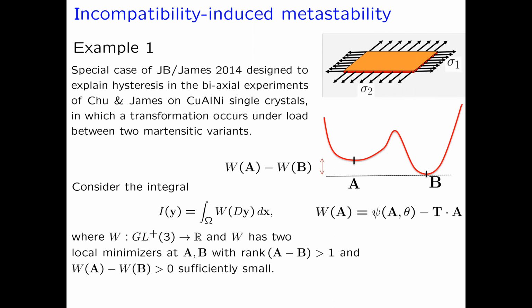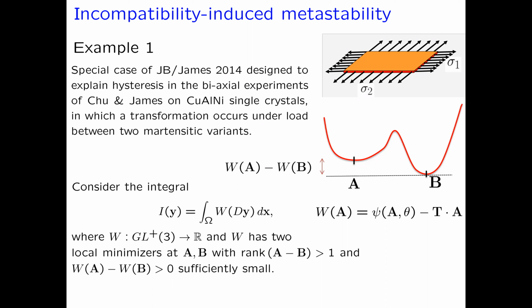And it turns out that if you model this, you can reduce the situation to the following much simpler situation. You have an energy integral of W of Dy, and W has critical points at two matrices only, A and B. B has slightly less energy, and so the difference between W(A) and W(B) is small.